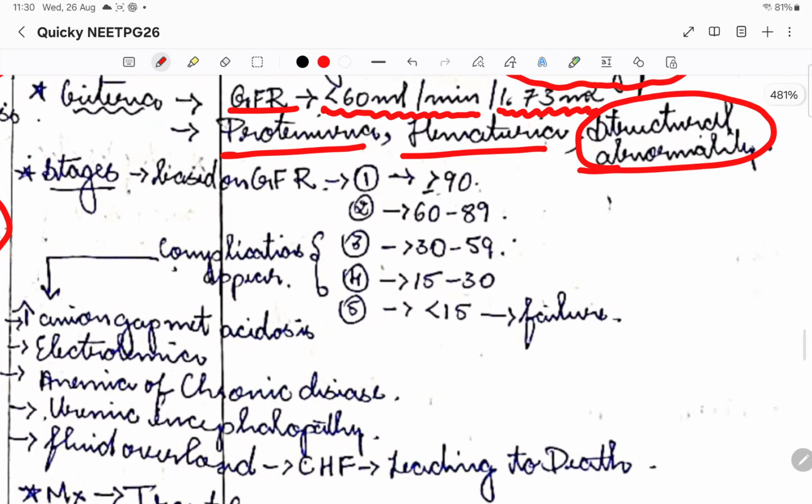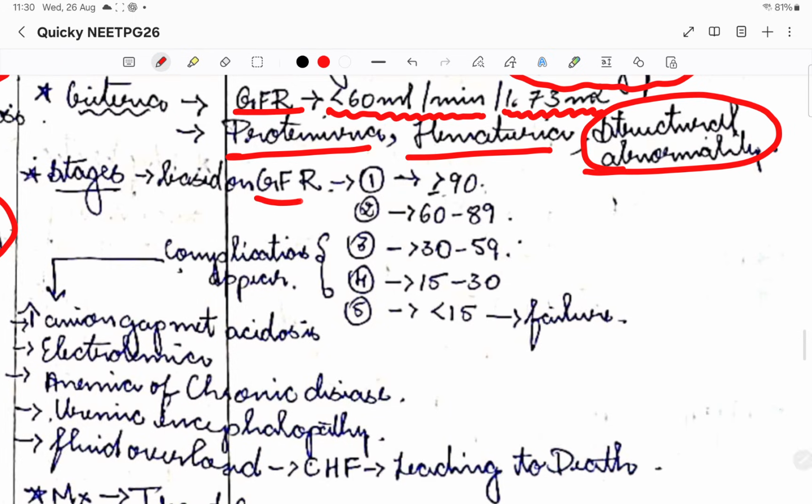So there are stages of GFR, and based on the stages only we manage the patient. Okay, so glomerular filtration rate is what we take to decide what stage the CKD is in. This is basically table of 15. Okay, 15, 30, 45, 60 in that way. Okay, so let us see one by one.